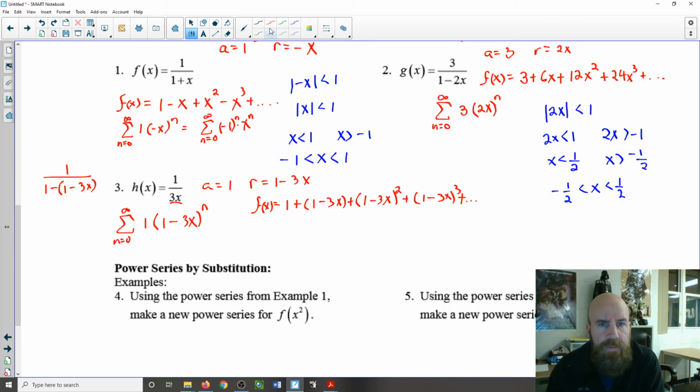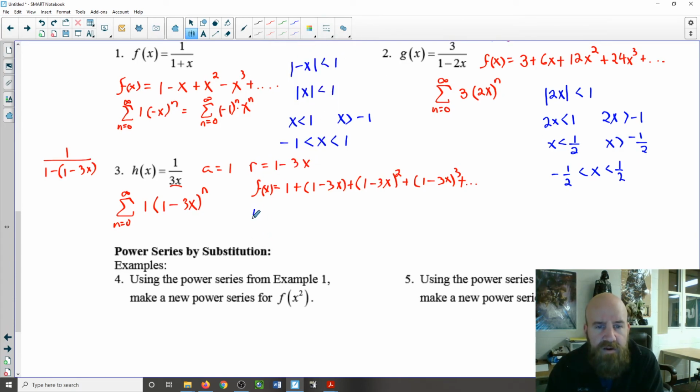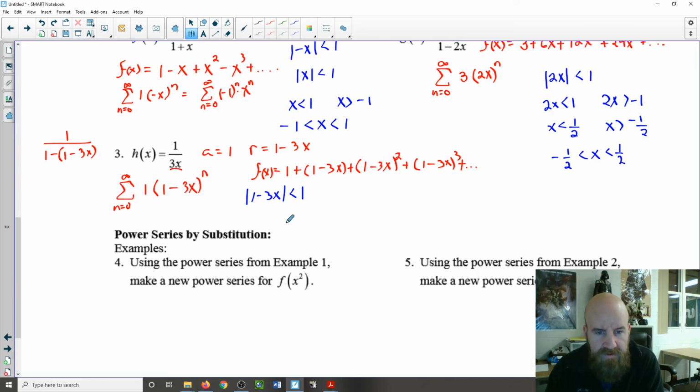All right. And then interval of convergence. So we're taking our absolute value of the r. That has to be less than 1. And we're going to split it up. Okay. So we can do this in 2 separate ones.